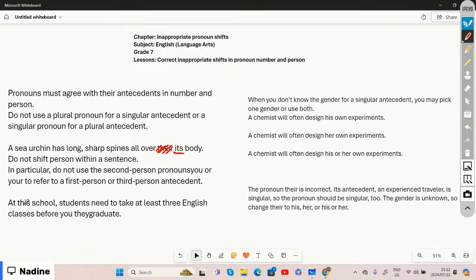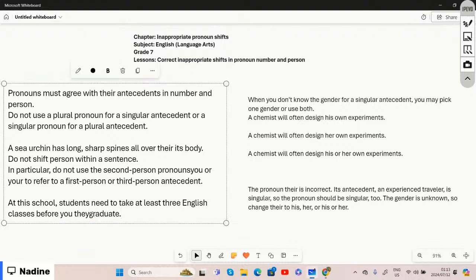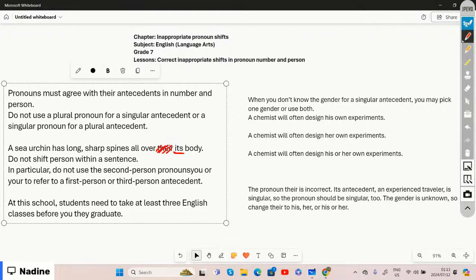All right, it says at school, students need to take at least three English classes, do we say before you graduate or before they graduate? I'm going to underline students to give you an idea that we're talking about more than one student.